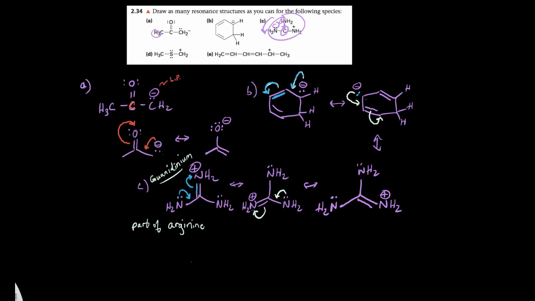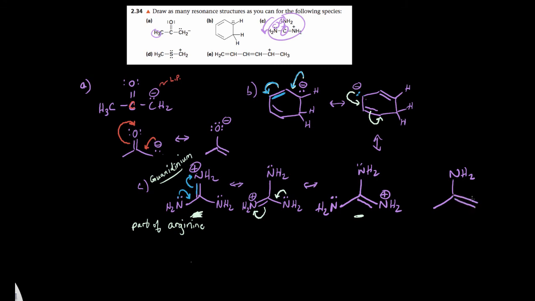We also could have gone from this resonance structure, this one here, directly to this one. And it doesn't matter what order you start, or where you start, or what order you go in. The arrows are just showing how you move the electrons to get from one resonance structure to another.